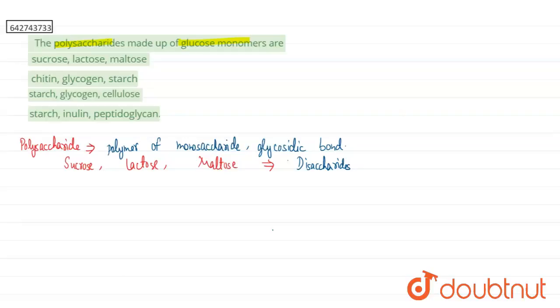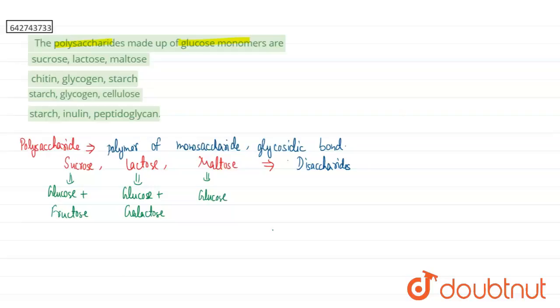Sucrose contains glucose plus the fructose unit. Lactose has glucose plus the galactose unit. Both are monosaccharides. And maltose contains only the glucose unit.